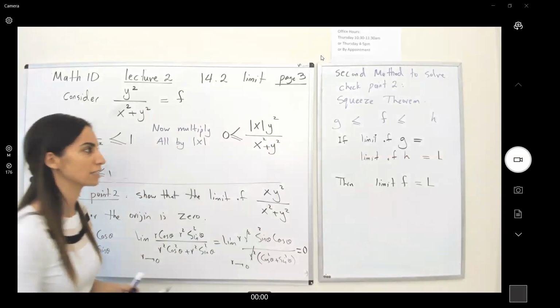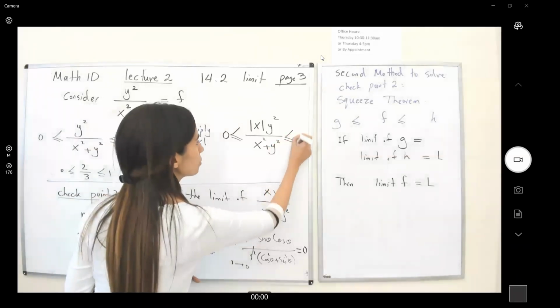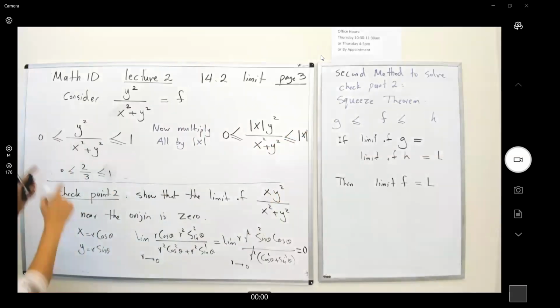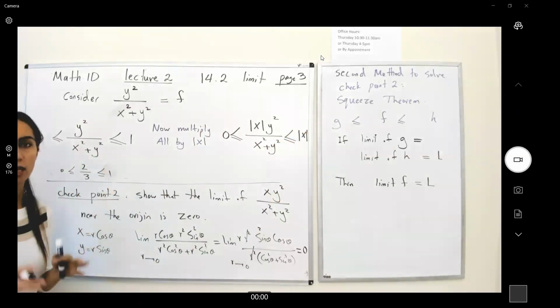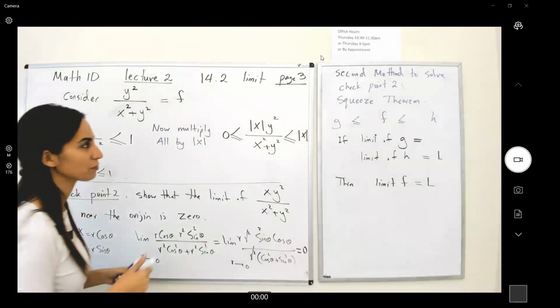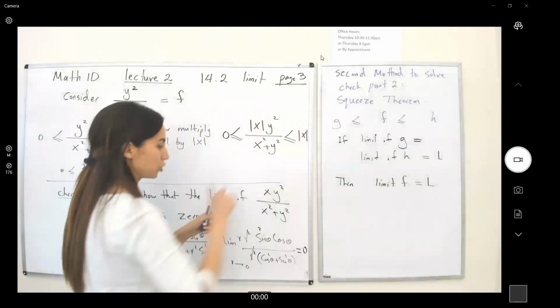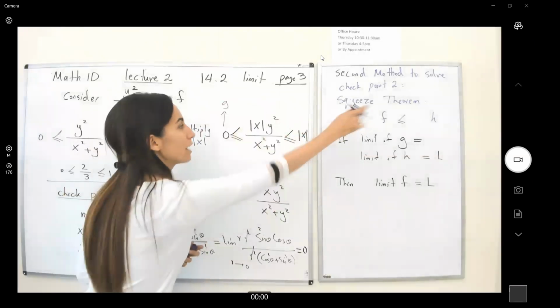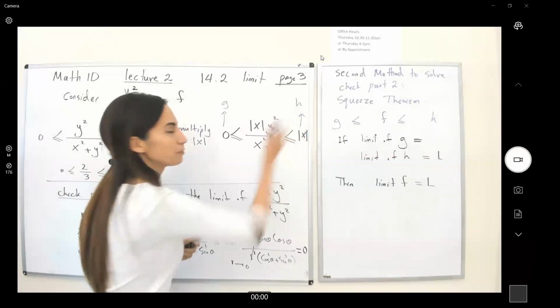You can say that as well. This is less than or equal to the absolute value of x. I'm multiplying all sides by the absolute value of x. So what do I have here? I have 0, which is my g. I have the absolute value of x, which is my h.